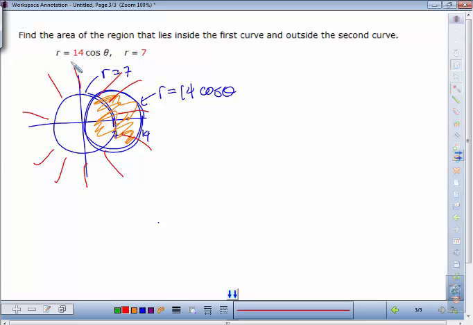So where is the intersection of those two things? Is it this one? Is it this one? Yeah, it's that one, right? And it's not anything else outside. So this is the area that we want.